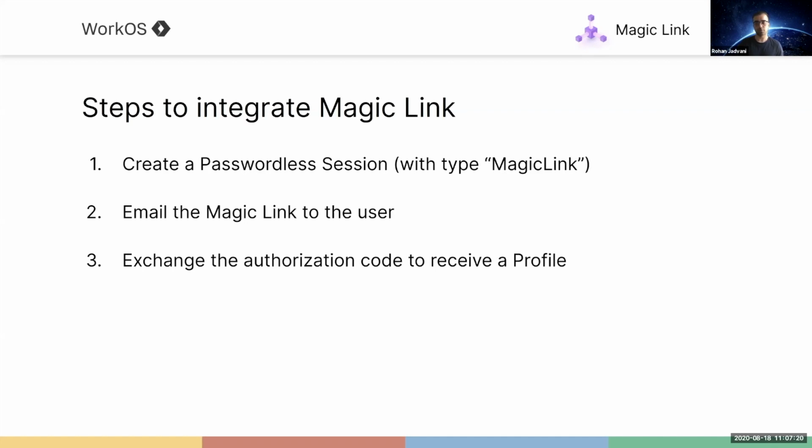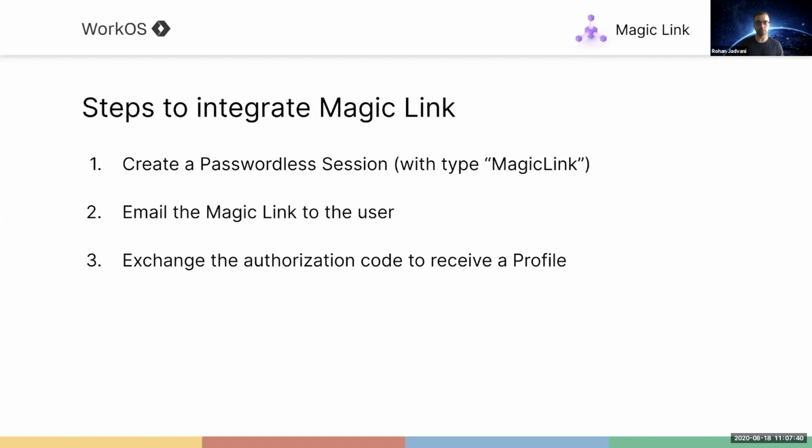And then after the user opens their email and clicks on the link to confirm it, they'll be redirected back to your application, where you as a developer follow a similar OAuth flow, take an authorization code, and exchange it for a profile. And then your user is logged in.